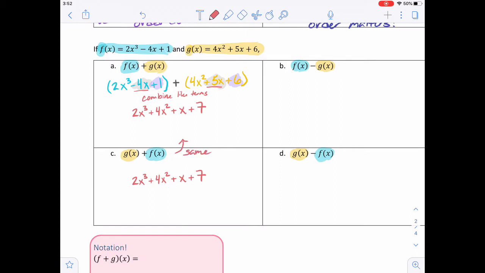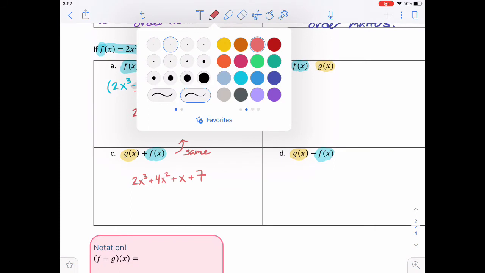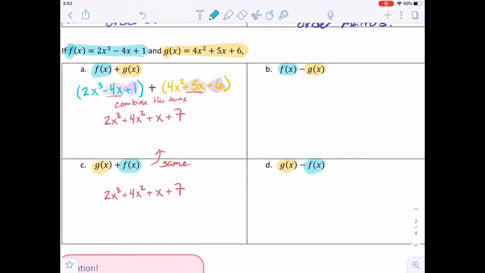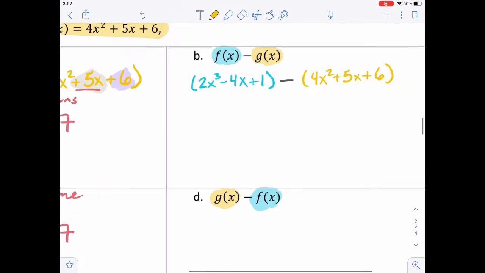All right, so let's look at b. So we're going to take f of x. That is 2x cubed minus 4x plus 1 in parentheses. Then we're going to subtract g of x, put it in parentheses, 4x squared plus 5x plus 6. Let's zoom in on this guy.